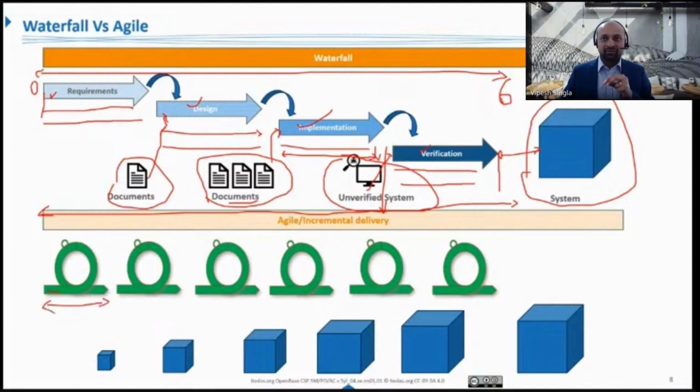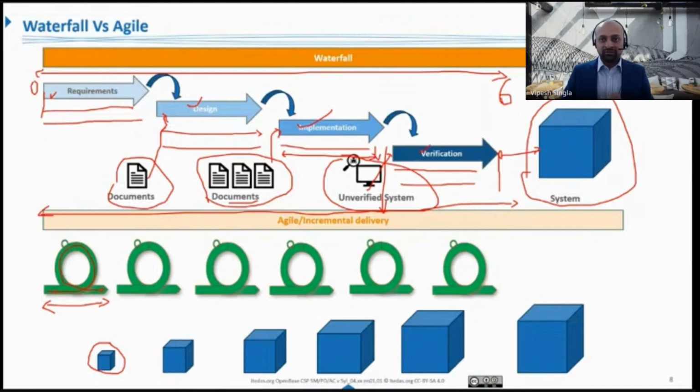Within 1 month, all these four steps will be done, in a 4 week or less cycle. By the end of this cycle, you will have a small product which we can deliver to the customer, and the customer can actually use it and provide feedback to us. So that's the key difference.